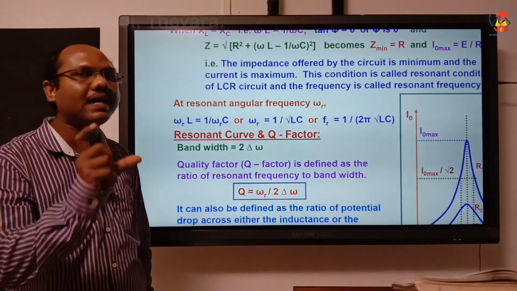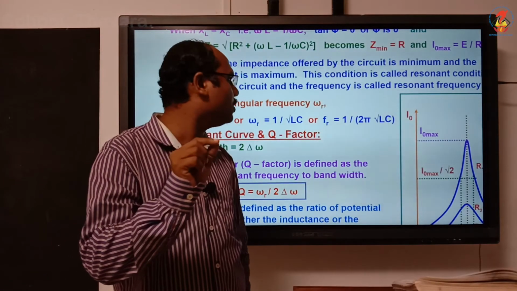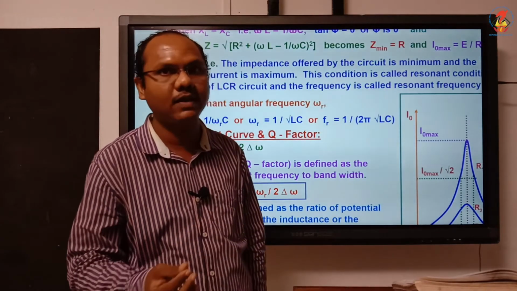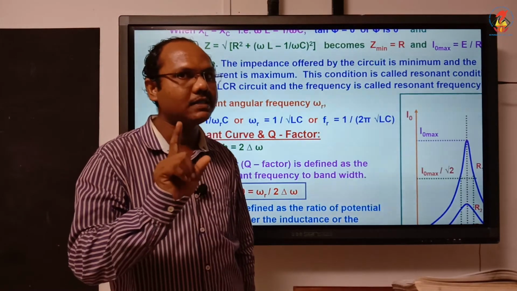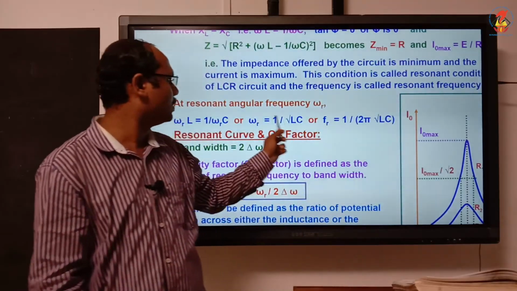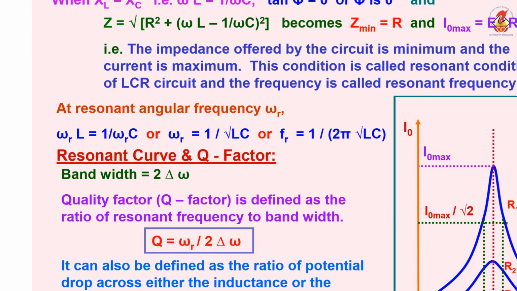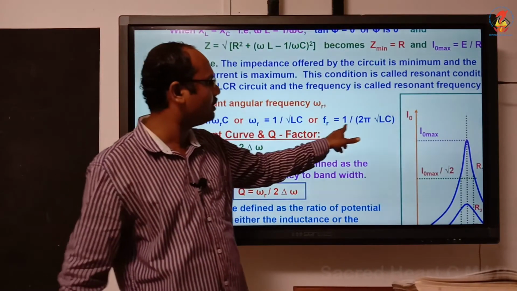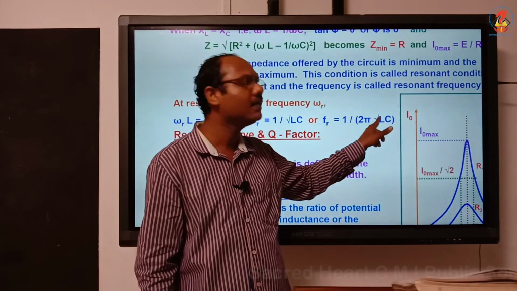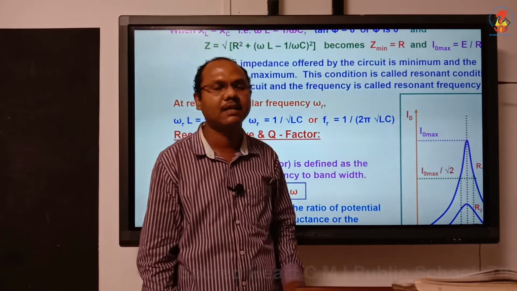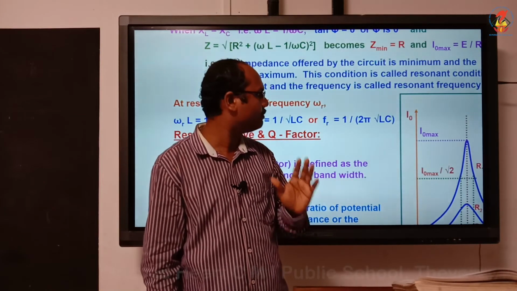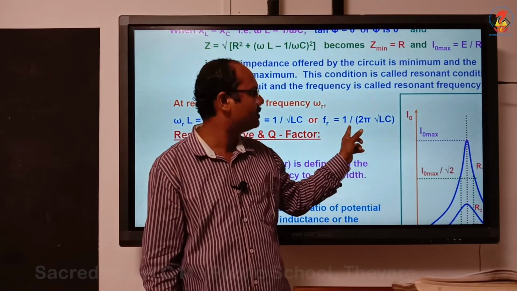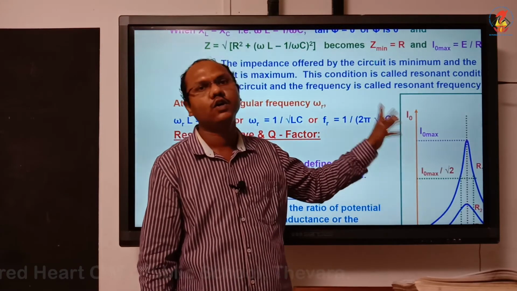Now omega can be written as 2 pi F, where F is frequency. So 2 pi F is equal to 1 by root LC. Then F is 1 by 2 pi root LC. So the expression for resonant frequency is F equals 1 by 2 pi root LC.